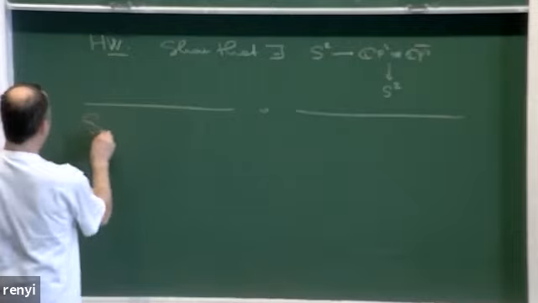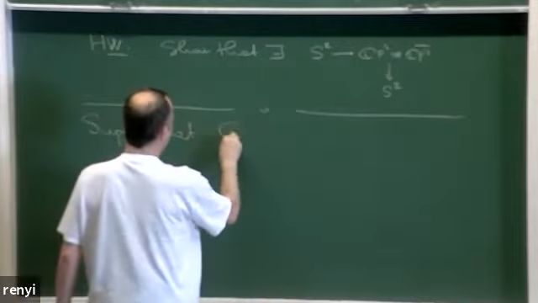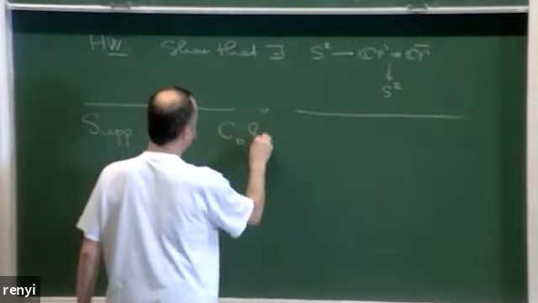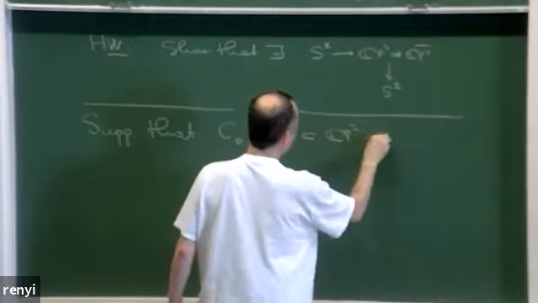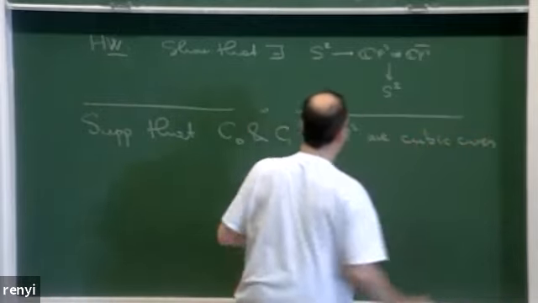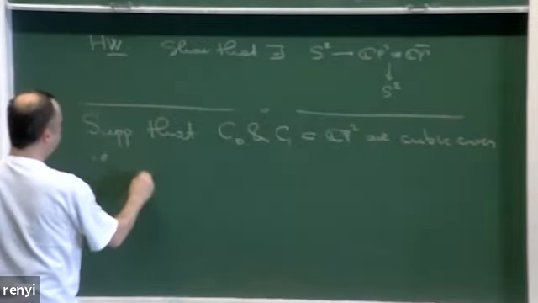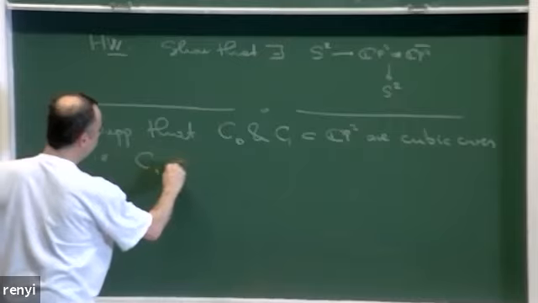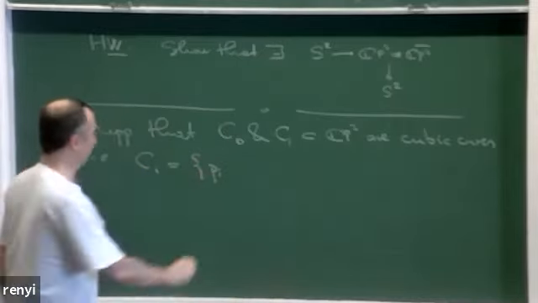So suppose that C0 and C1 are cubic curves on the projective plane, i.e. they are given by zero sets of homogeneous cubic polynomials.